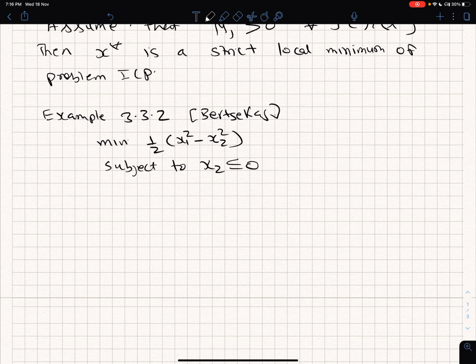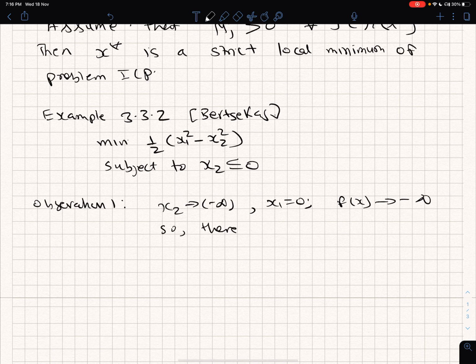Now, first thing, observation 1: I can take x2 to minus infinity, I can keep x1 at 0, and my f of x will be unbounded below, minus infinity. So there is no global minimum to this problem. It is unbounded below as far as global minimum is concerned.